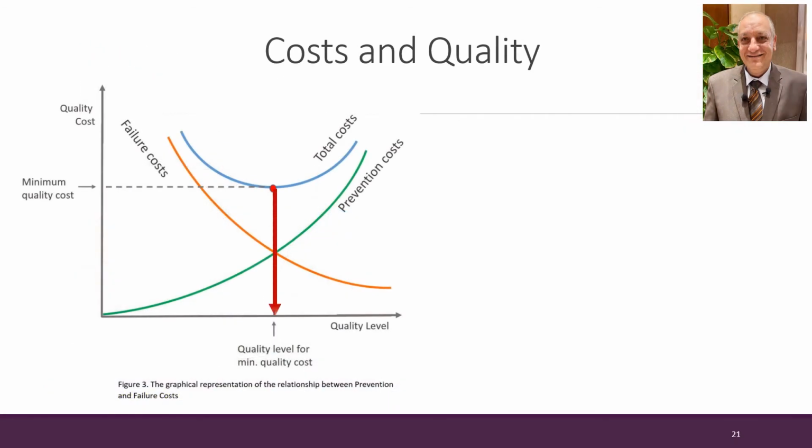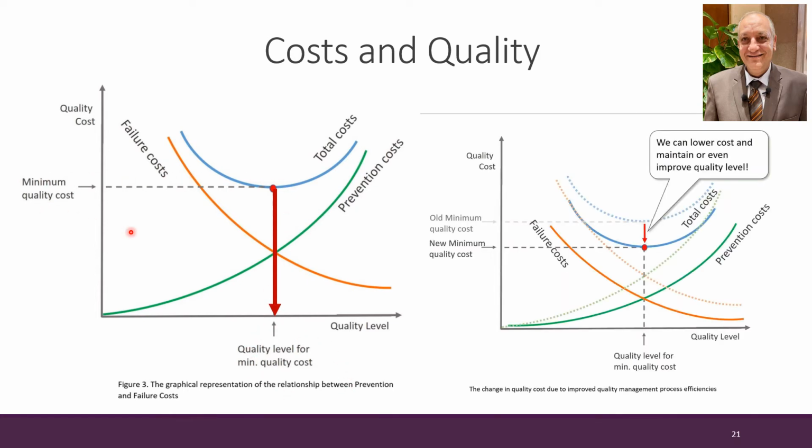And it seems that the level of minimum quality and cost you can reach, and we can lower cost and maintain or even improve the quality. So you can take the best medication that improves the overall health care. So the minimum cost with the optimum quality is our target.